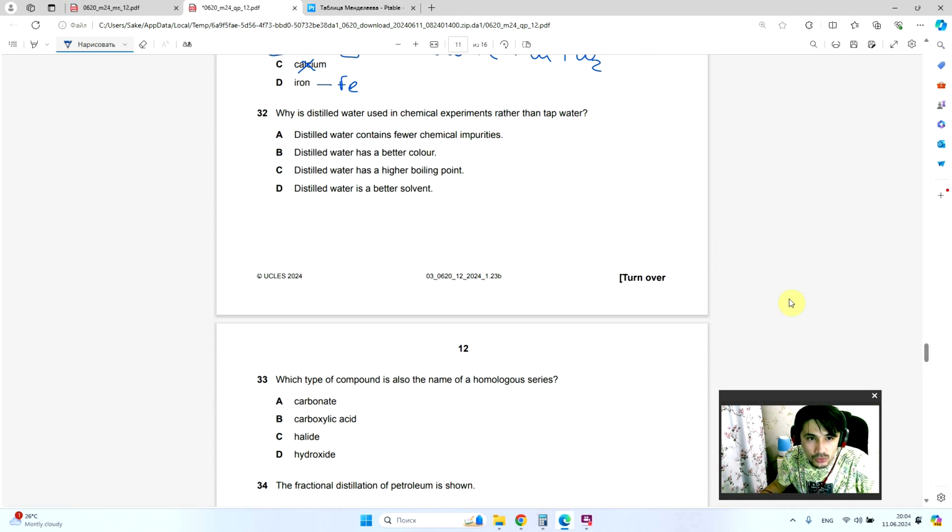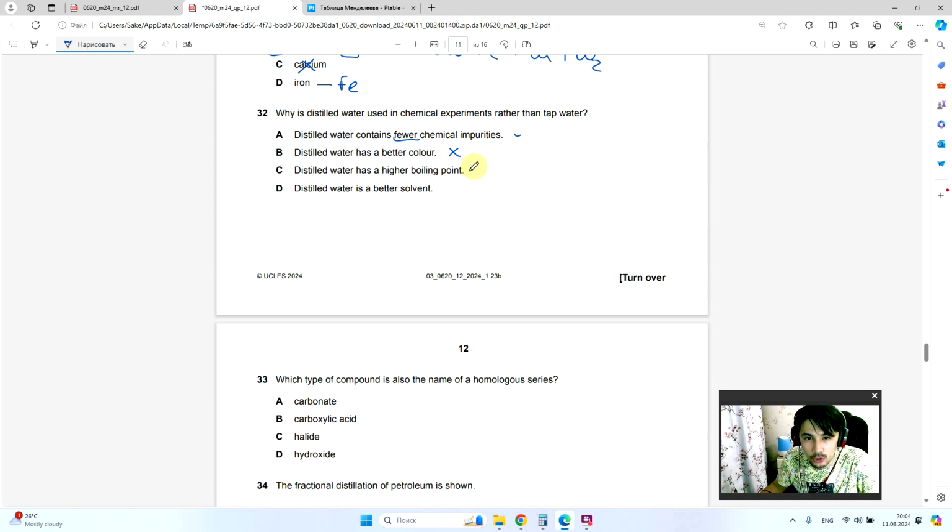Next question, why is distilled water used in chemical experiments rather than tap water? Okay, this is just a knowledge question, so it's simply because of impurities. Distilled water contains fewer chemical impurities. Yep, maybe. I'm struggling because of the word fewer. It has minimum chemical impurities. Distilled water has a better color? Nope, it's a colorless liquid. Distilled water has a higher boiling point?